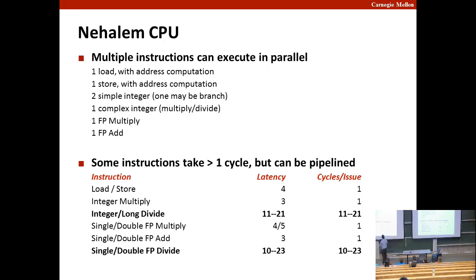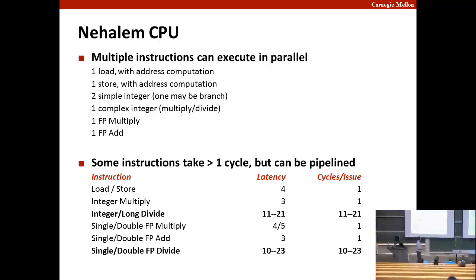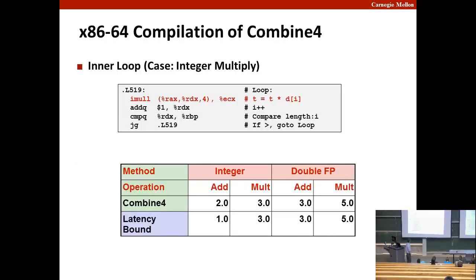So latency is how many cycles? Cycles per issue is what the delay is. All right. So here we have a loop, and we can just see in the case of multiply what the cycle counts are.